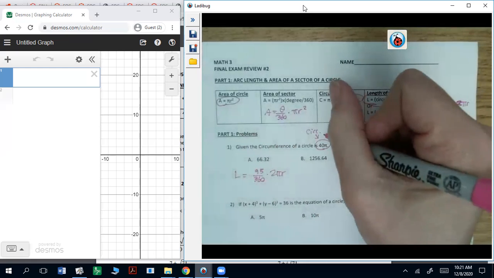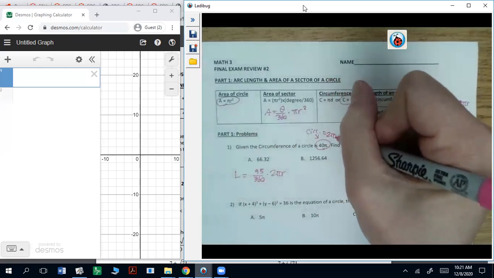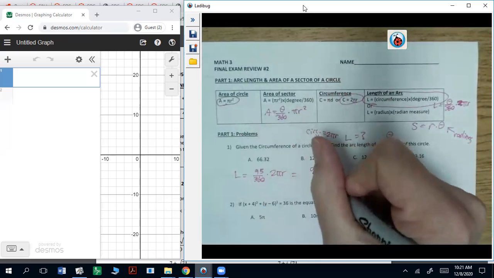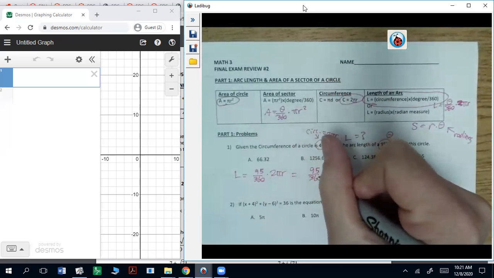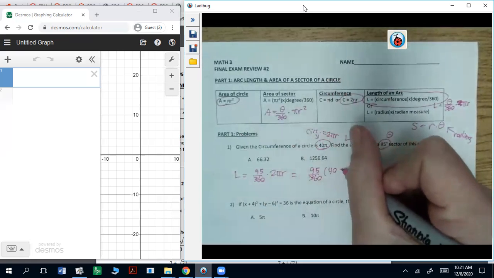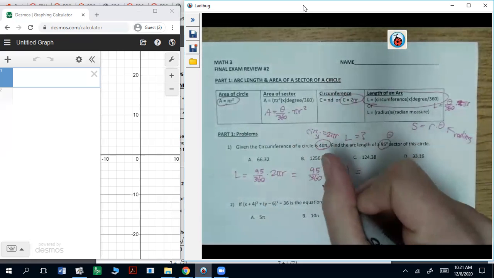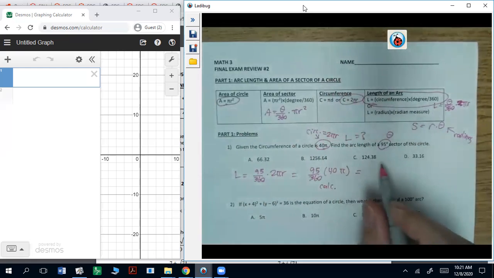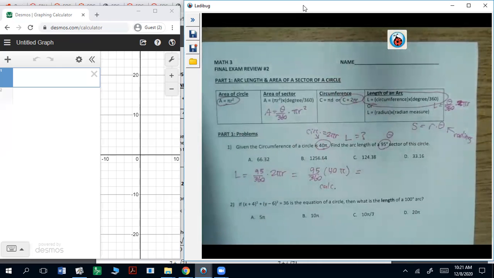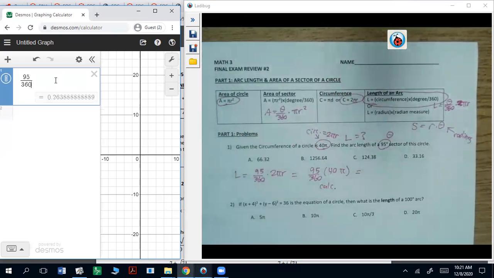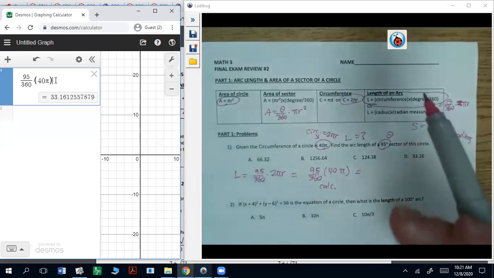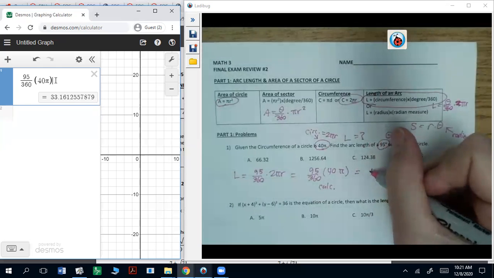But since 2 pi r is what the circumference equals, we would just say 95 over 360 multiplied by 40 pi. Put that in the calculator, and then we can round to the nearest hundredth. As you can see, that gives you approximately 33.16.